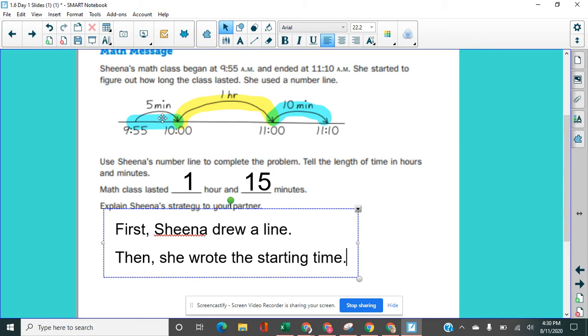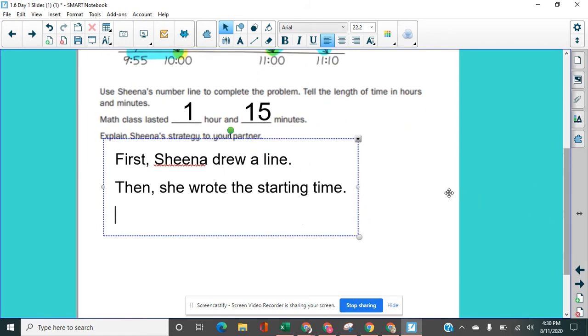Okay, that's what she did first here, right? 9:55. She wrote that first. I'm sure of it, right? Because that's where she was starting, and she knew where she had to get to. Okay, so see how we've written this, and you're writing this down here. You need to press pause on the video so you have plenty of time to write, absolutely, you can do that.